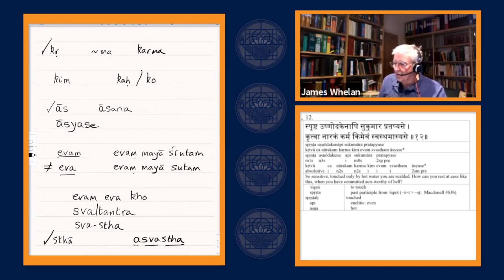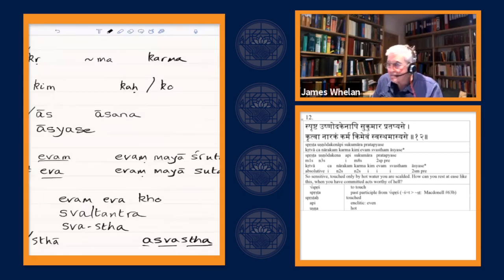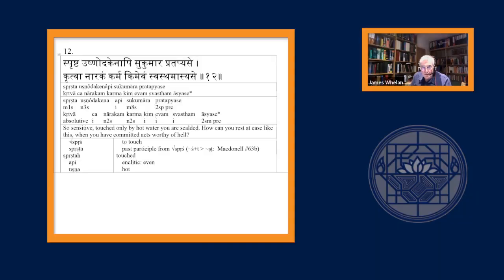It can mean fully composed, nicely grounded, at ease, feeling that all is well with the world, that is swastha. So at ease. So he's saying, kim evam swastham asyase. How can you sit, kim asyase, evam, in this way, swastham, at ease, nicely composed, feeling that all's well with the world, when these awful things are going to happen to you.